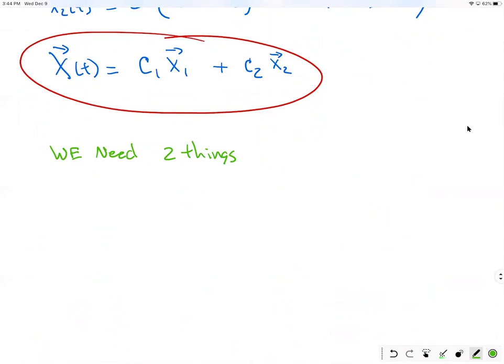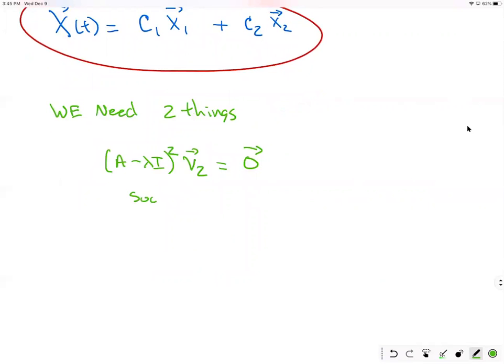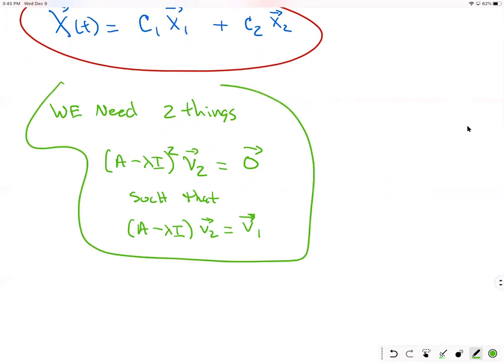We need (A minus lambda I), when we square it, times v2 to equal the zero vector, such that (A minus lambda I) times that v2 is equal to v1. So that's what we have to find. So that's for the 2 by 2 case.